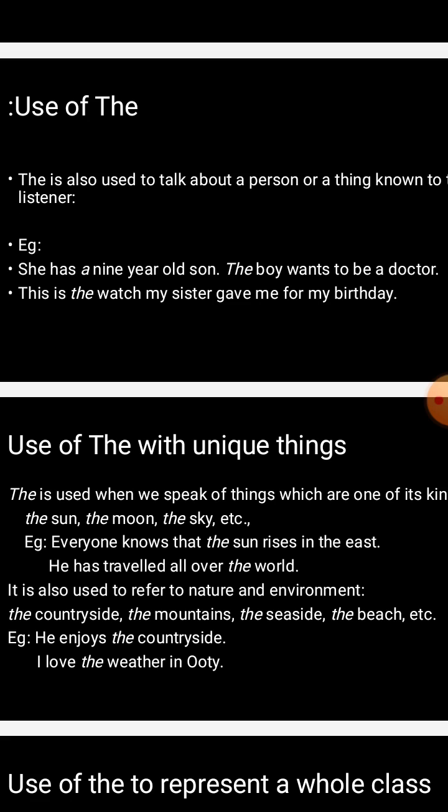So you're talking about a person or thing that the listener already knows. He has seen the watch. You're wearing the watch. So you're talking about the particular watch which was given to you by your sister.